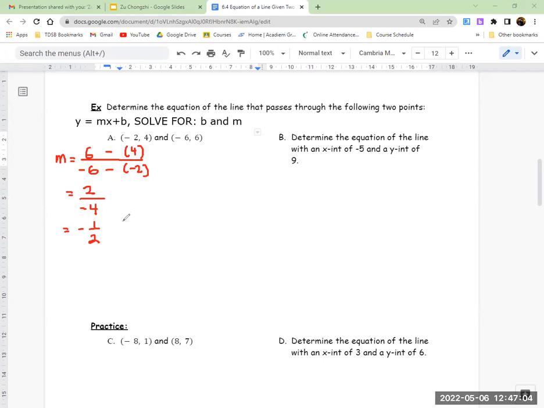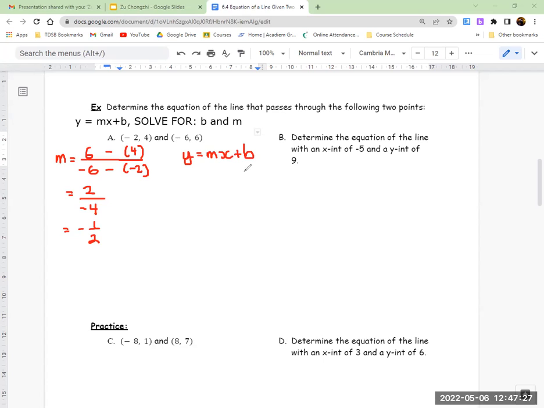Okay. Using that, remember, y equals... what would you do? Do you have B? Yes or no? Not yet. Do you have M? Do you have an X?